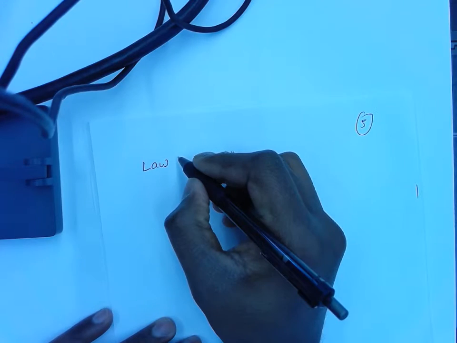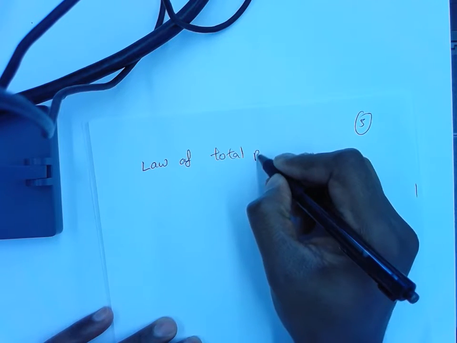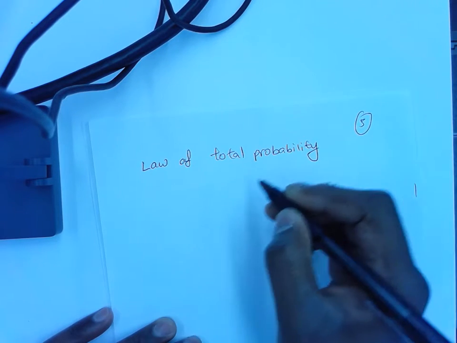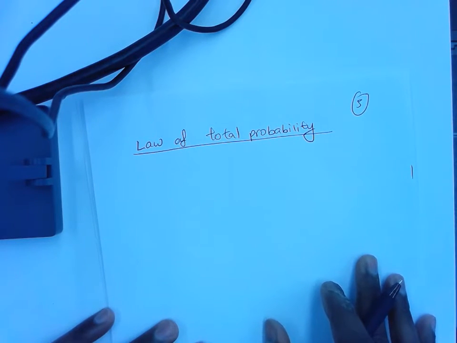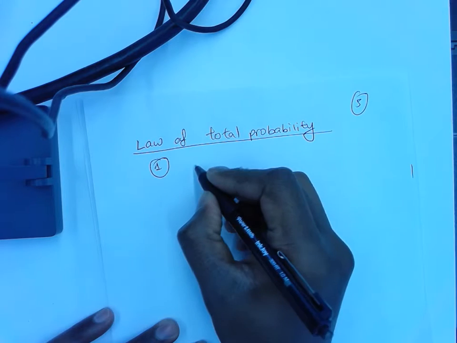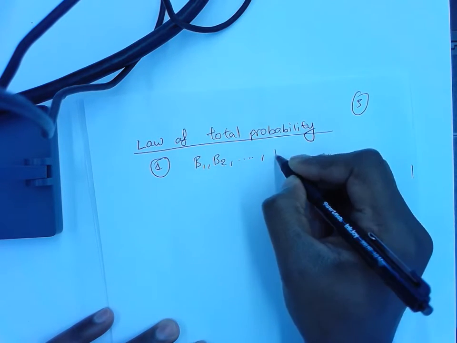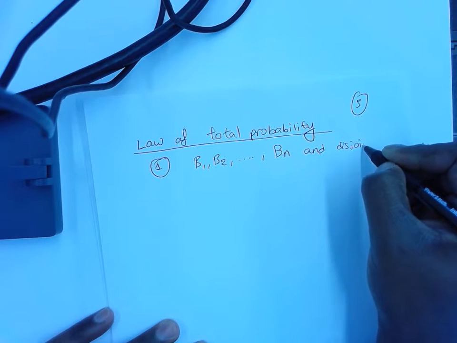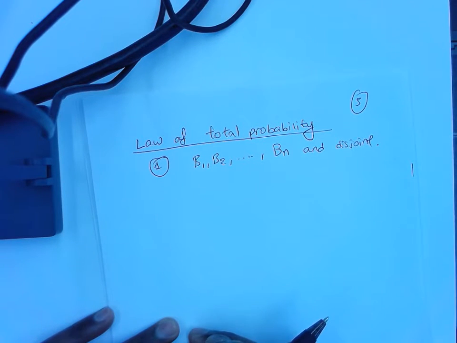Okay. So now, law of total probability. Does that ring a bell? It has two parts. First, let's say B1, B2, and so on up till Bn are disjoint. That means all pairwise intersections are empty, right?